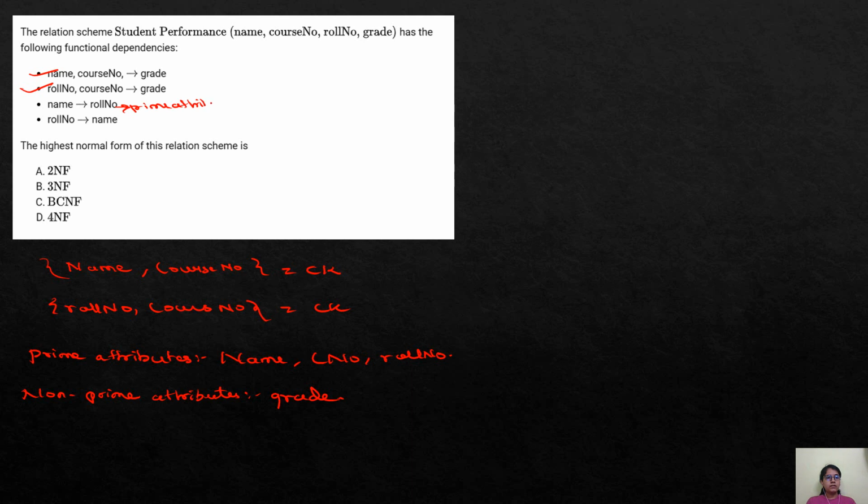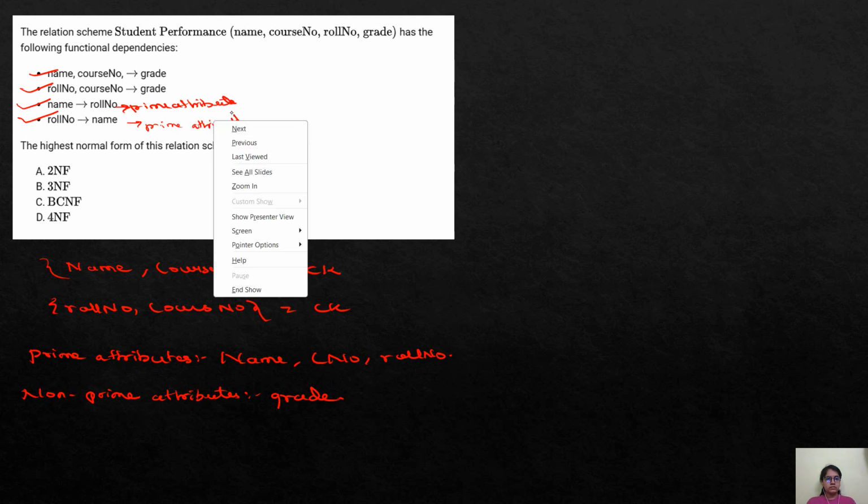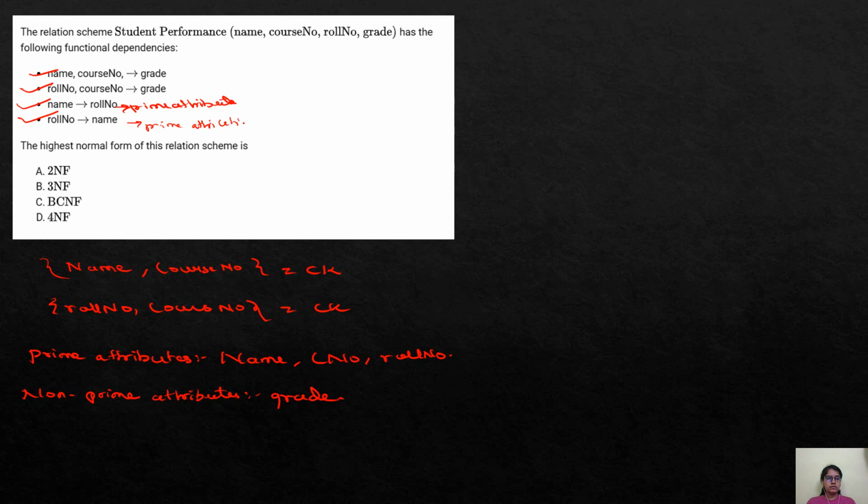That's why it is partial, but it does not matter, so it also follows 2NF. And similarly here, roll number is partial, but on the right hand side it is a prime attribute, so that's why it will work for 2NF also. So the relationship is in 1NF, it is in 2NF.